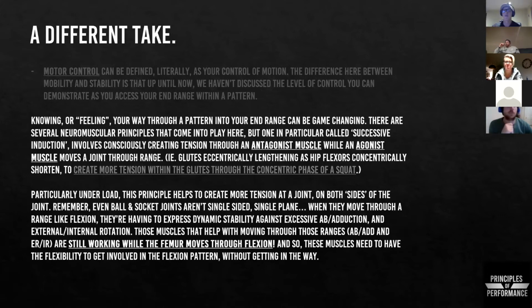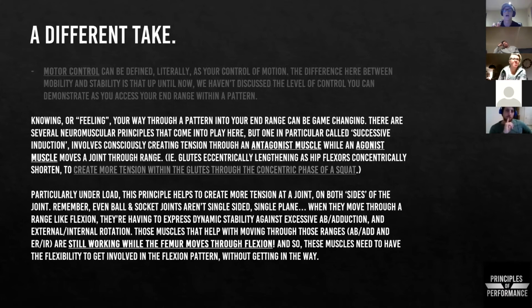When a hip moves through flexion, it is coupled with abduction and external rotation. That's how the ball and socket joint moves through the joint. These movements still occur, and that's what allows us to achieve depth when we squat. But we need to be able to navigate those movements on the way down, not just flexion, not just extension.